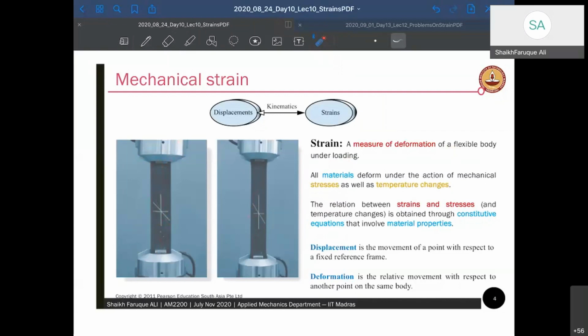So we need to find some normalization somewhere, and that is how we divide load per unit area and find its stress, right? And we said that a material should not go beyond a certain stress, or the ultimate stress that is given to the material. Similarly, for strain measure also, we do some kind of normalization.